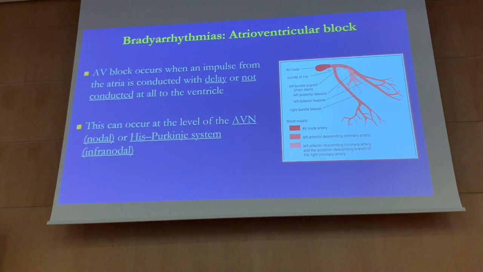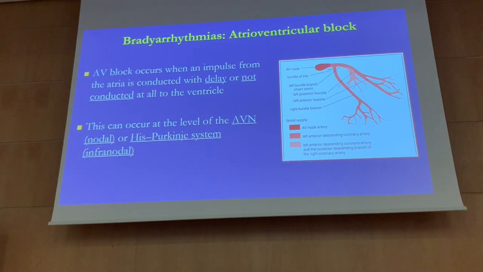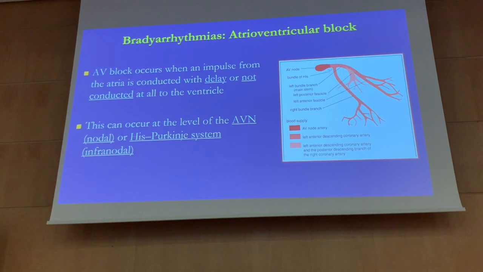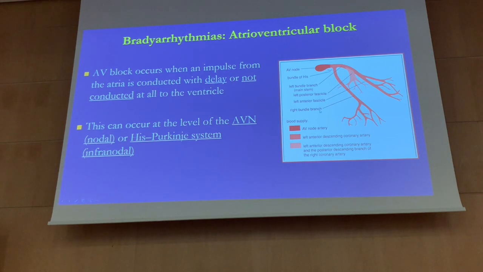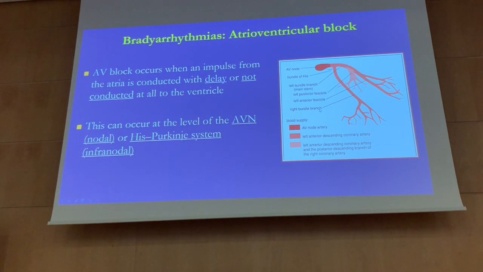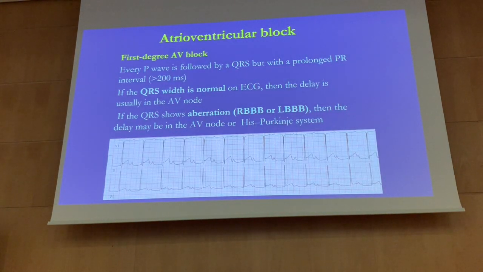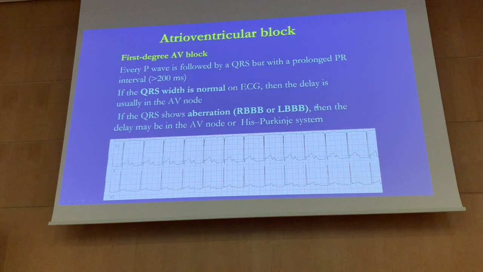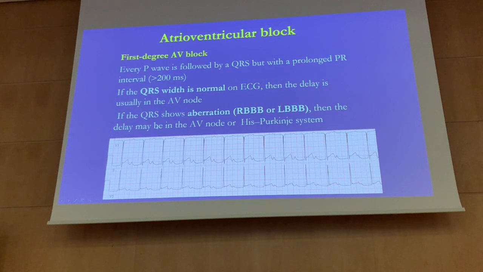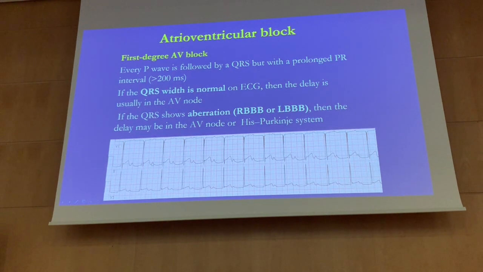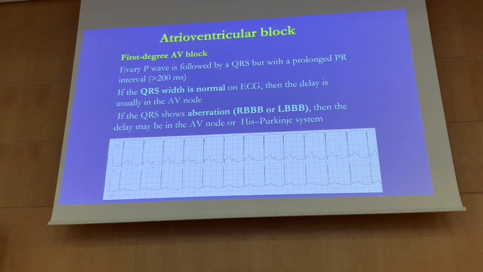So it will be reflected on the ECG by PR prolongation. And you remember from the first lecture, PR duration is not more than 5 small squares. If more than 5 small squares, that means PR is prolonged. So in this ECG, there is a P wave, but you notice the space between the P wave and the QRS is really more than 5 small squares.